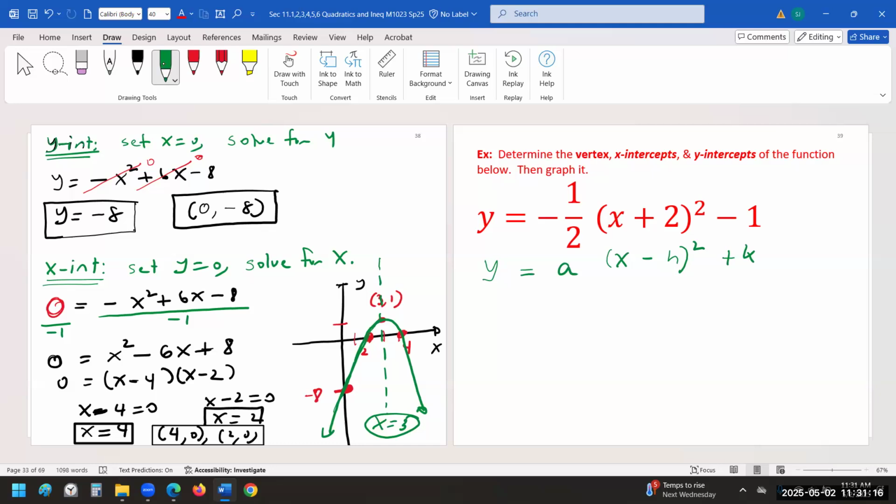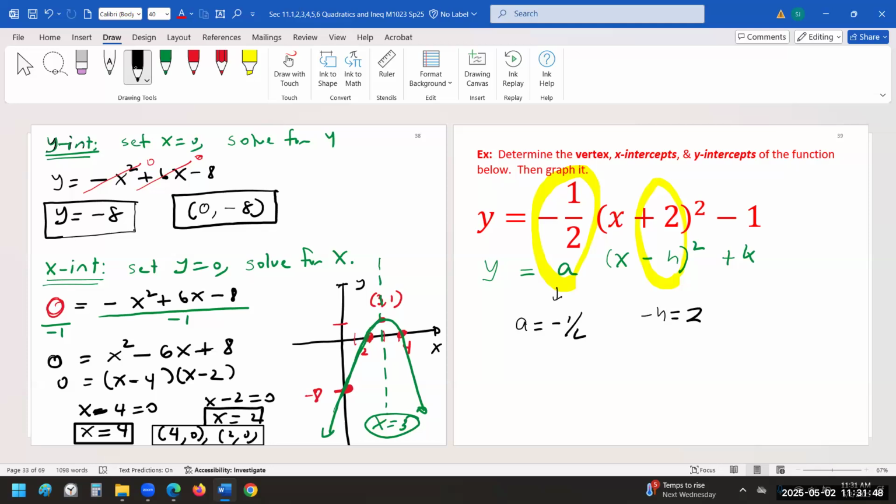Now, if you compare these two forms, we can see that our a is negative 1/2. And we can see that negative h gives us 2.